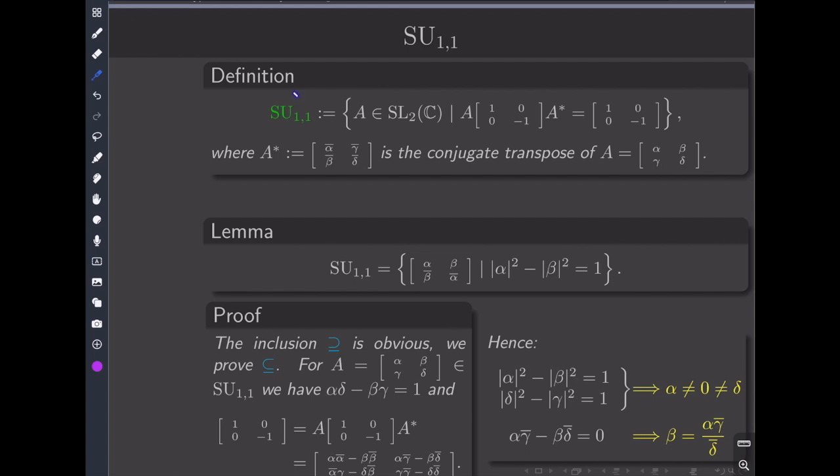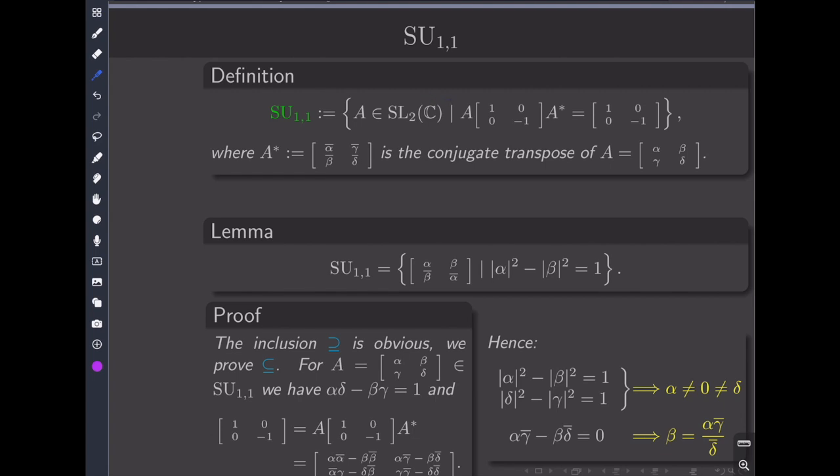By definition, SU(1,1) is the set of 2 by 2 matrices that preserve this matrix that I'm not sure people call J, where A star is, as usual, the conjugate transpose of A. It is one of these classical groups.